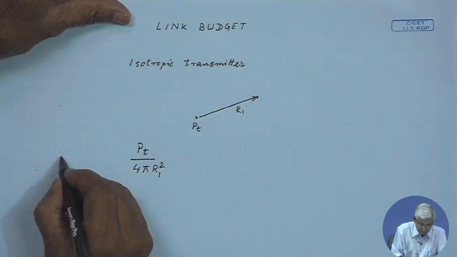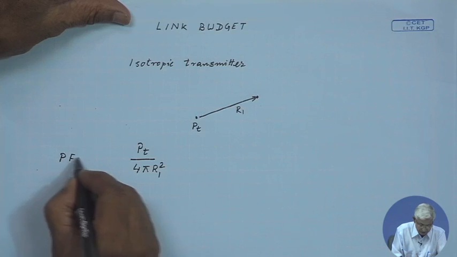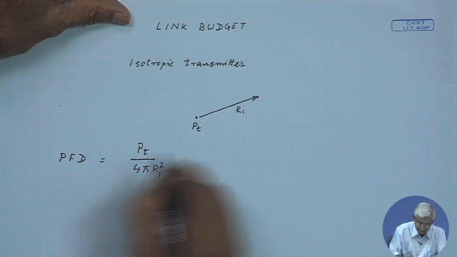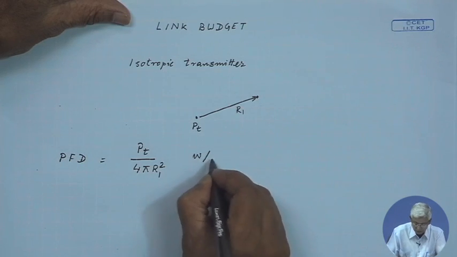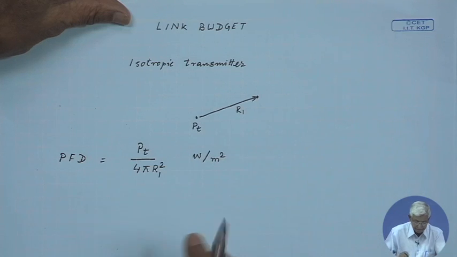This is called power flux density, and its unit is watt per meter square.